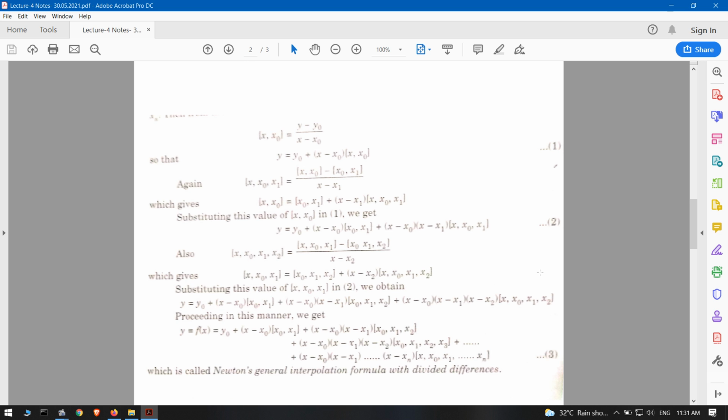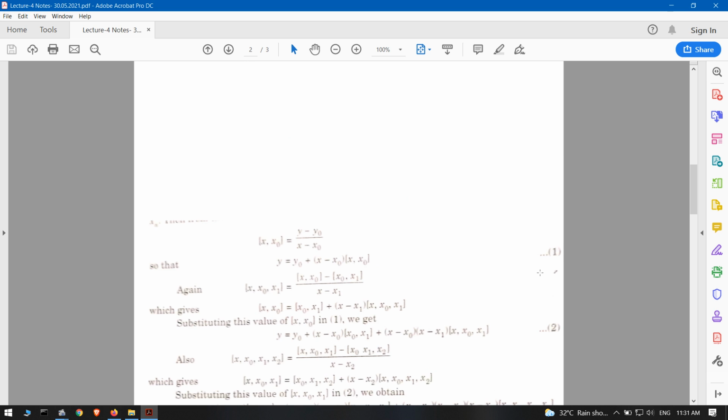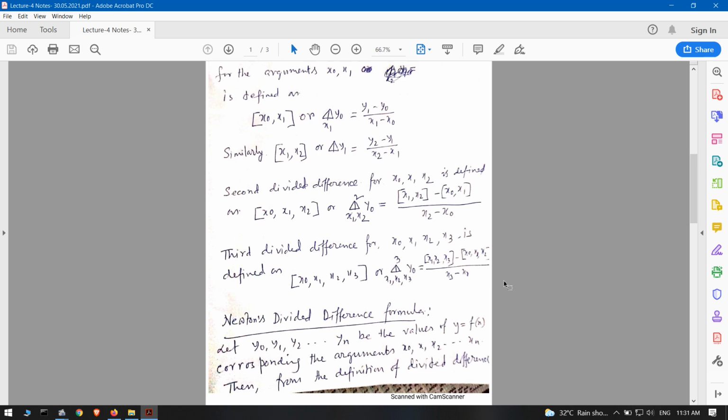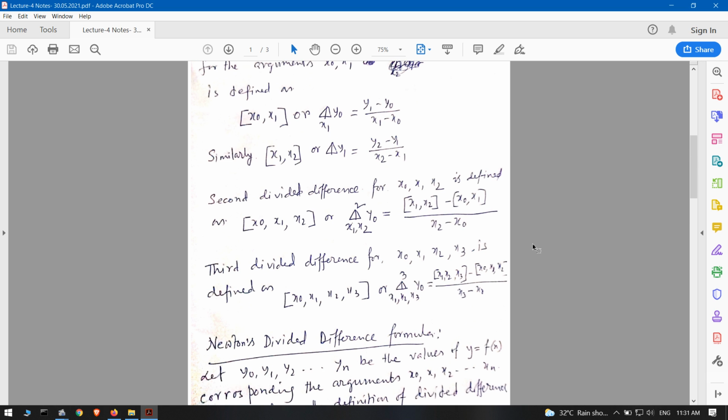And again you know that if it is second divided difference, then it will be [x, x naught, x1], and as divided difference of [x, x naught] minus divided difference of [x naught, x1] divided by (x minus x1).